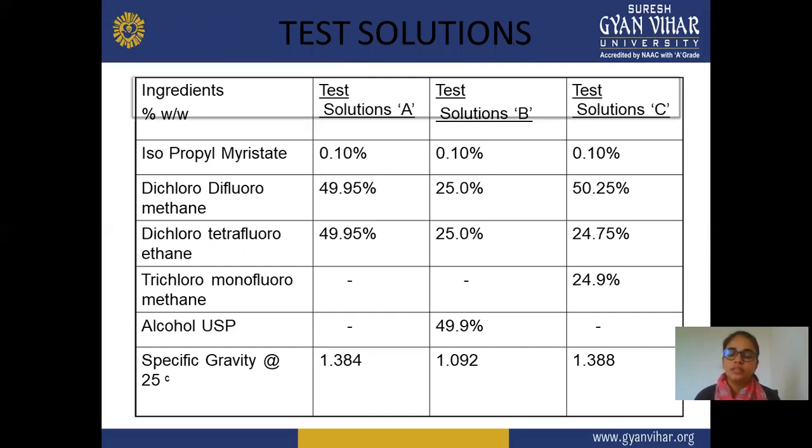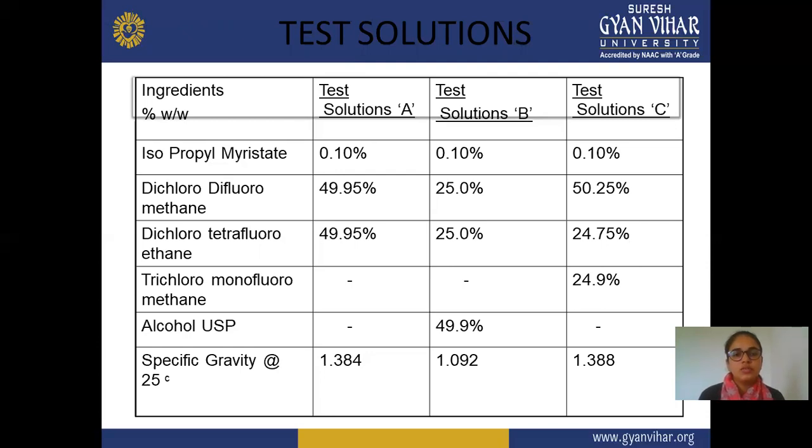We are performing these tests on three aerosols: solution A, solution B, and solution C. Only the concentration of the aerosol ingredients changes. The ingredients are given in percentage weight by weight. Test solutions A, B, and C each contain isopropyl myristate at 0.10%.